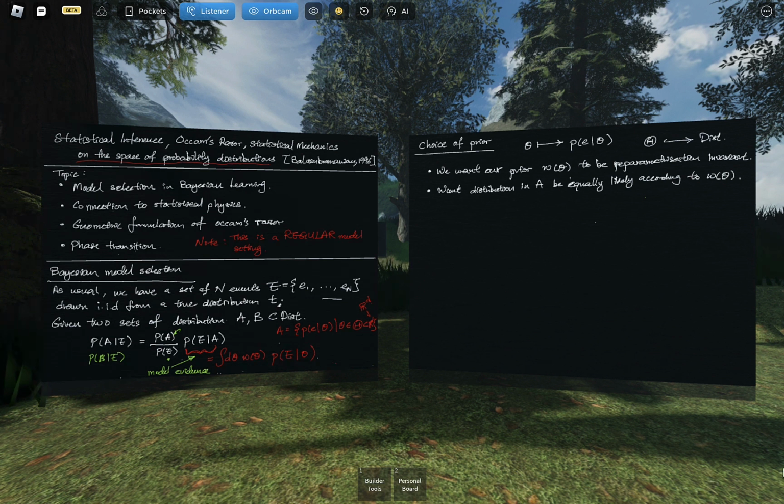So the author gave an original contribution, which is justifying the use of Jeffreys priors by doing this counting. Okay, let me summarize that a little bit.